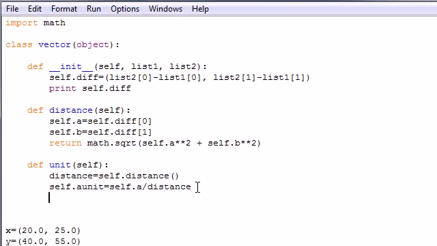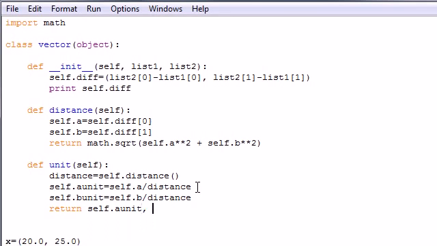So now we have to do that for B. Self B unit, which is that side B, over distance, which is the hypotenuse of that triangle. And now all we need to do is return something, because every function needs to return something or else it's useless, unless it prints something out, but that's another story for another day. So return self A unit and self B unit, make sure I spell it right.